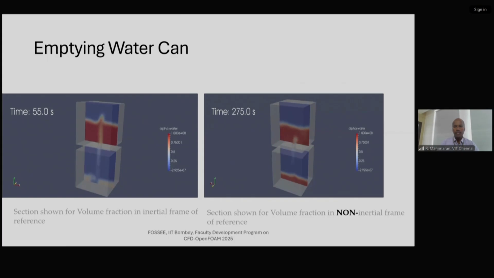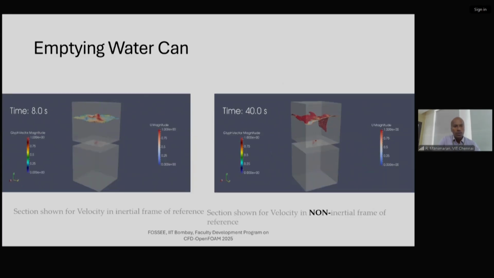So you can easily see the difference between the interfaces in the inertial frame of reference and the non-inertial frame of reference. We can also see the velocity, and how it changes at an interface like the air-water interface in both the top and the bottom containers, between the two frames of reference.